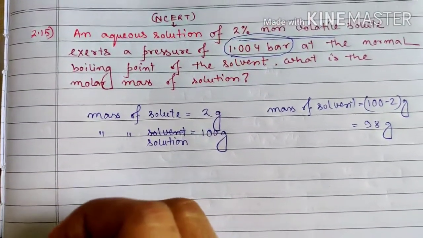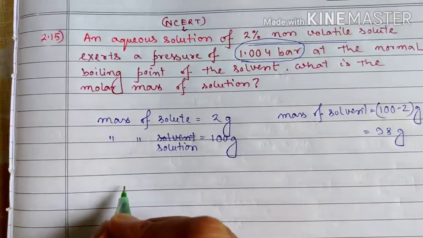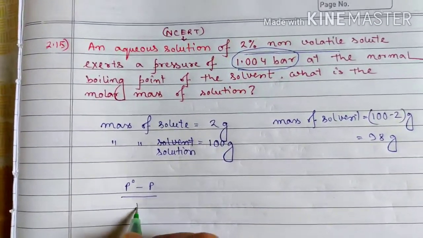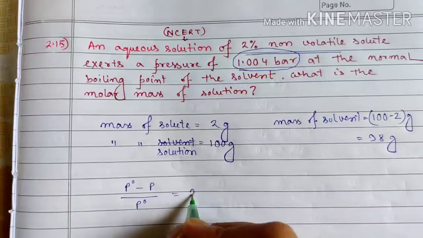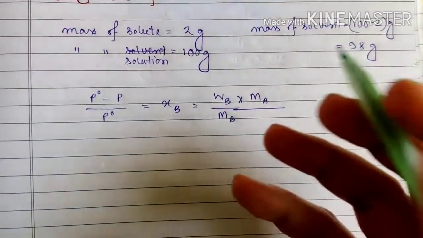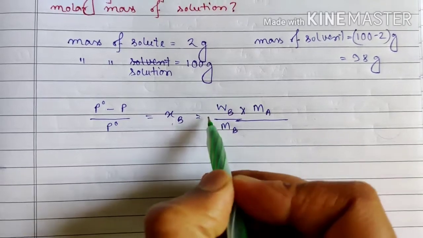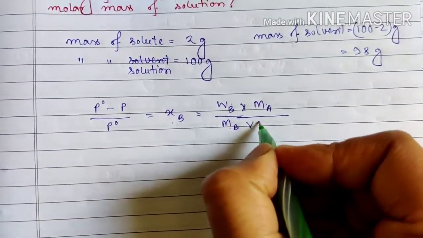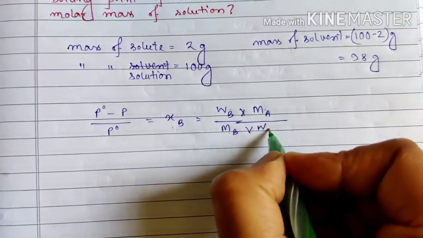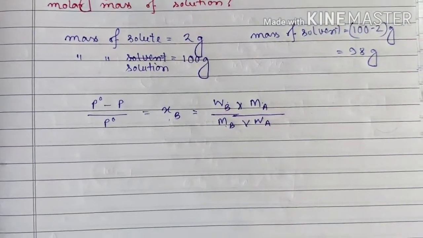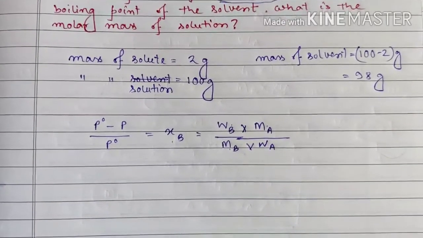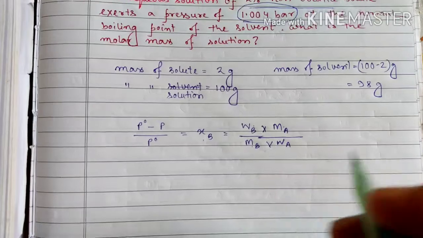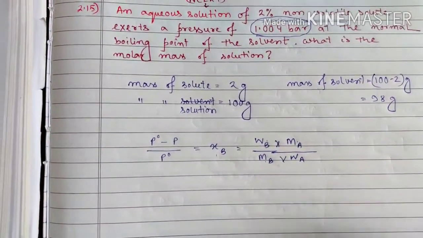So if we remember the formula for the relative lowering of vapor pressure, it is P0 minus P divided by P0 is equal to XB. So we know it already that XB is equal to WB into MA by MB into WA. Now let us put the values into this formula. Let us see what the values are which are already known.